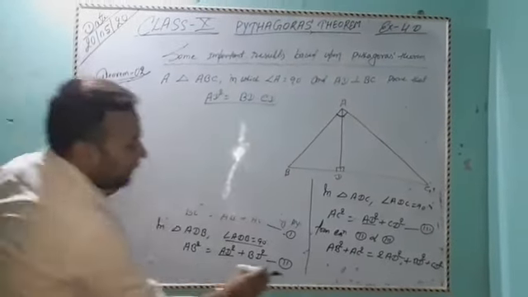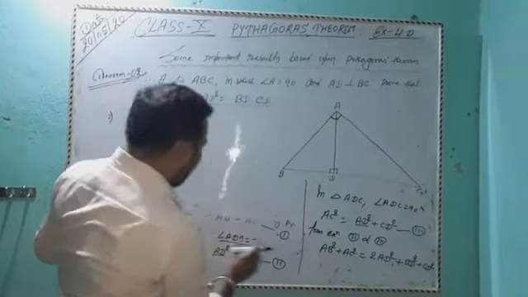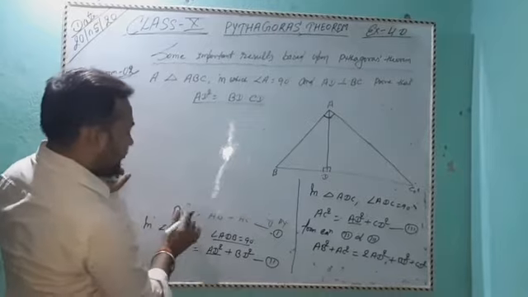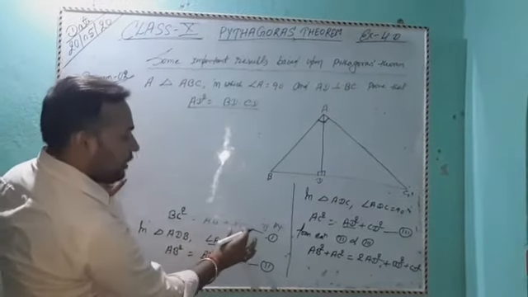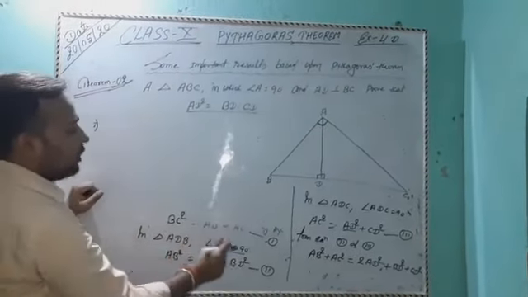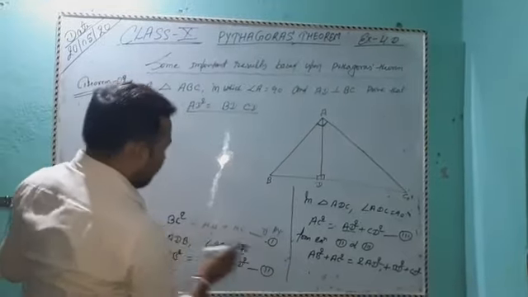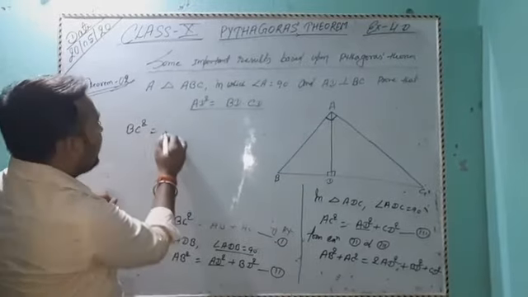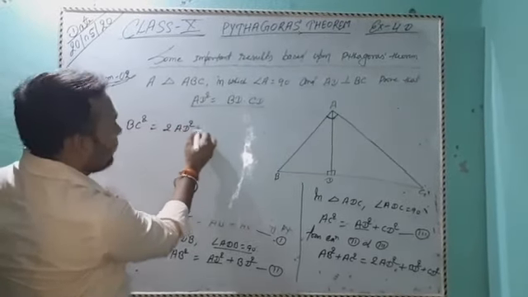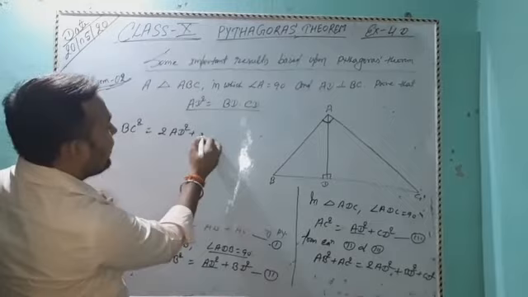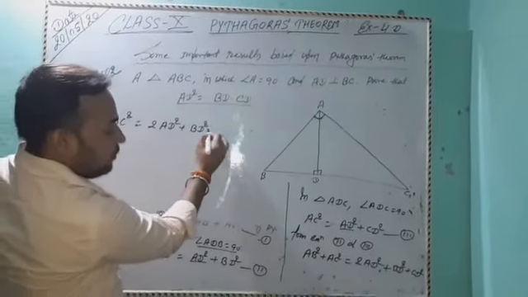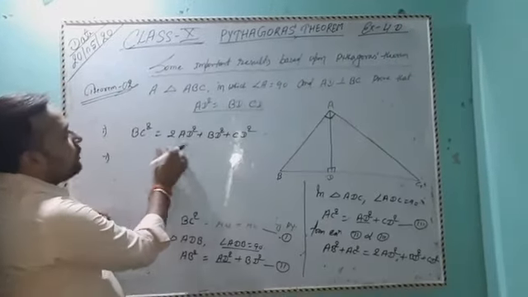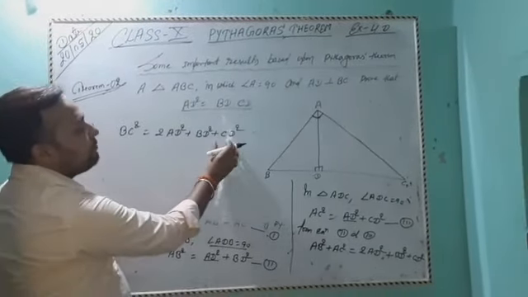This implies AB square plus AC square equal to BC square. From equation first, BC square equal to AB square plus AC square. So put the value of AB square plus AC square: BC square equal to 2AD square plus BD square plus CD square.